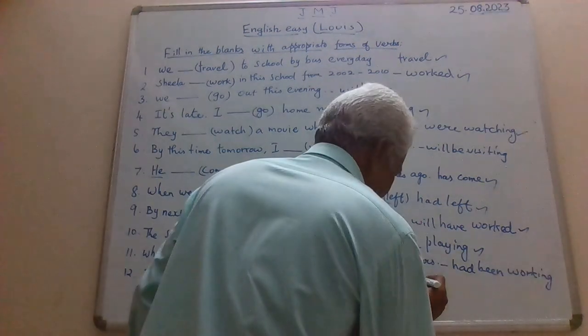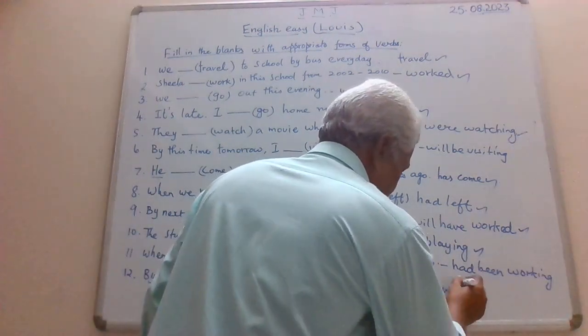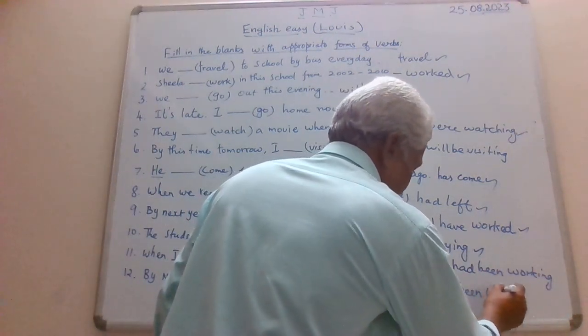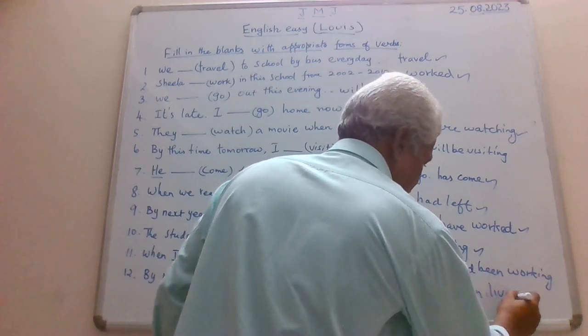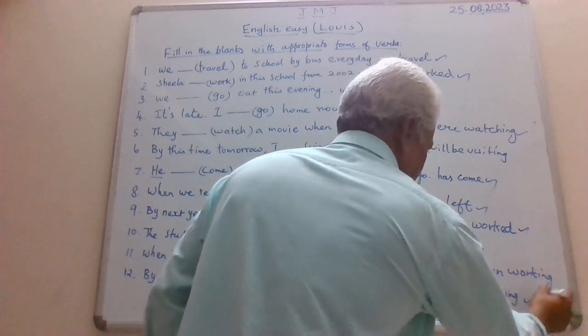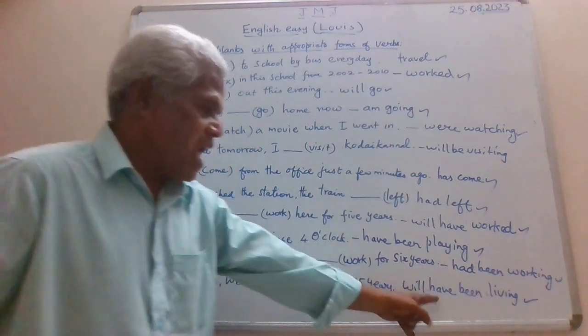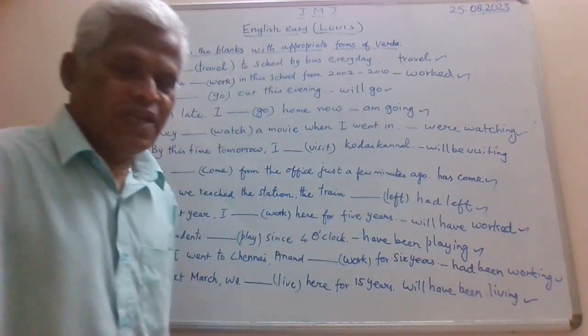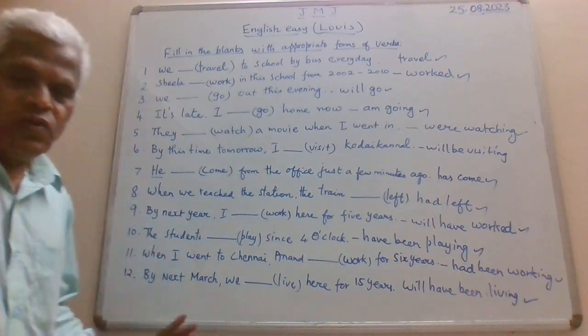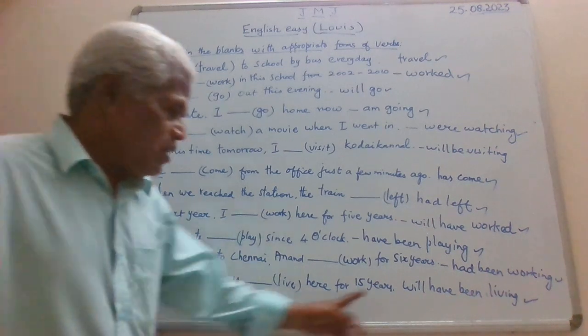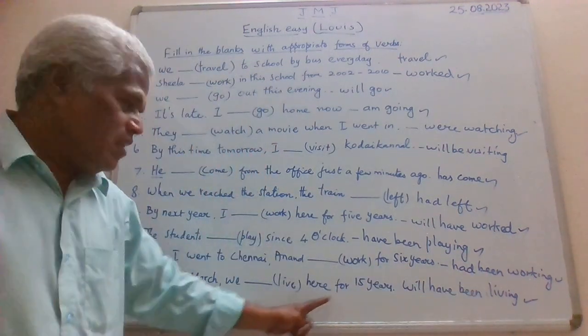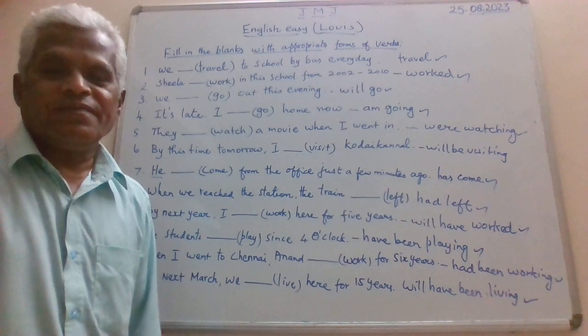Will have been working or living. See? Living. So will have been living. That is the answer. So how would you say the answer correctly here? By next March, we will have been living here for 15 years.